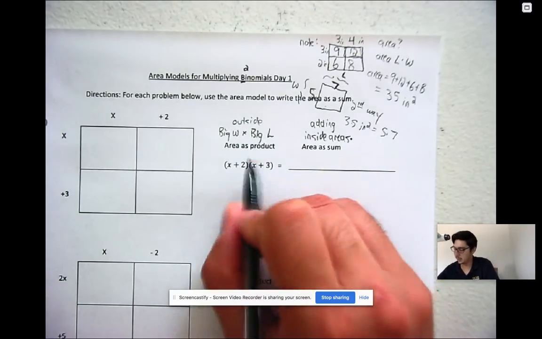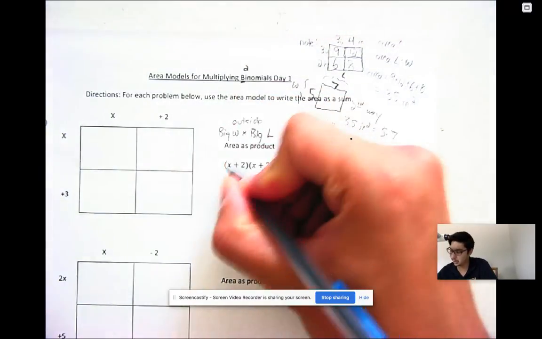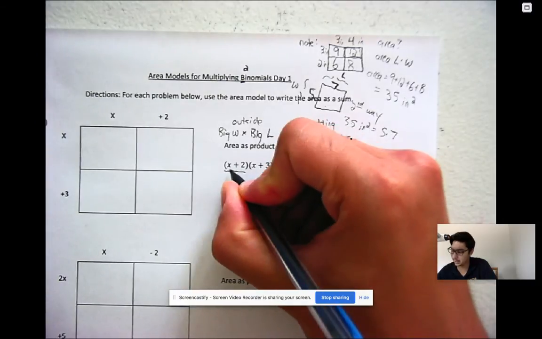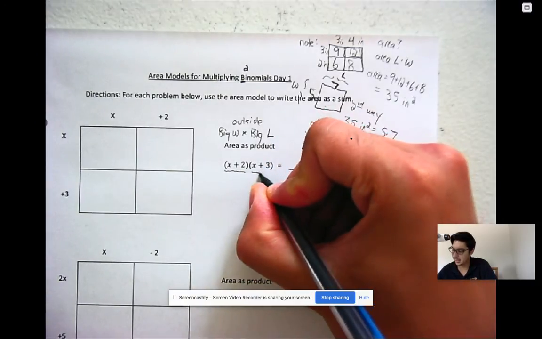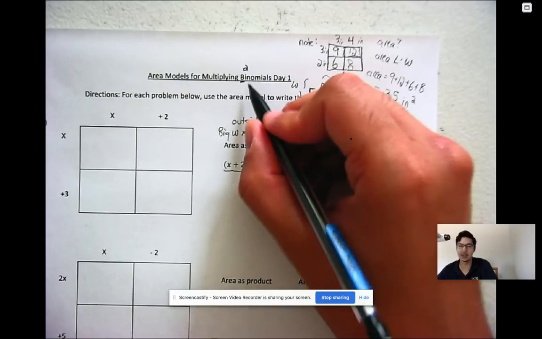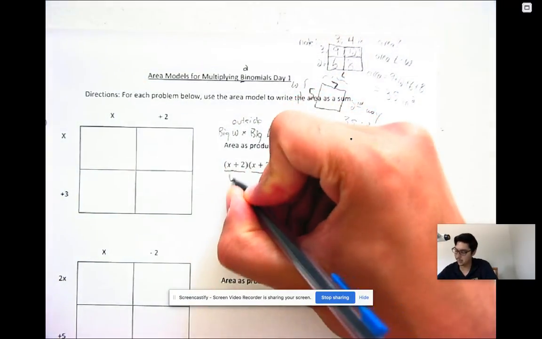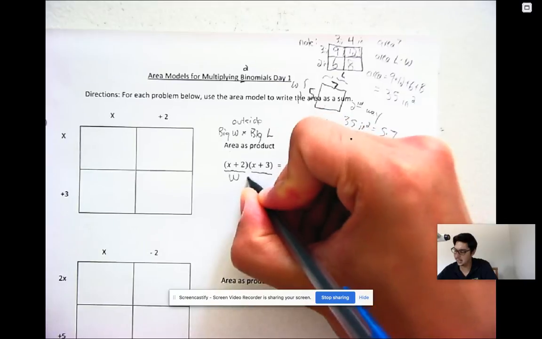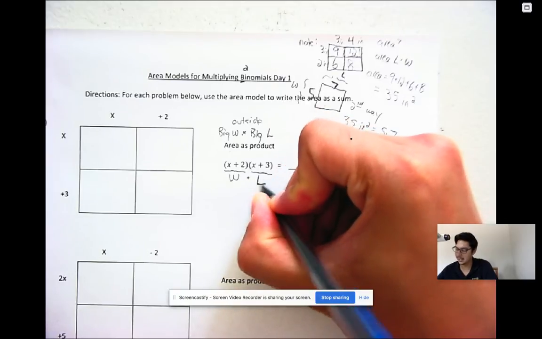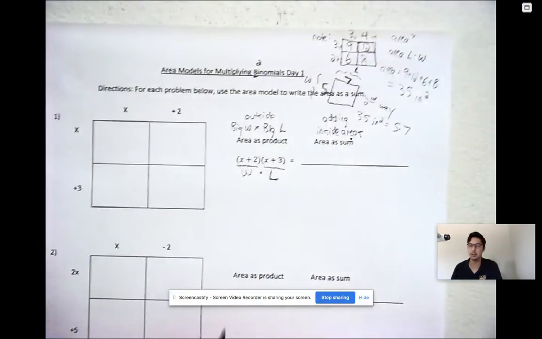So in this problem here, this is called a binomial because there's 2 things being multiplied. The first, x plus 2, times the second, x plus 3. There's 2 things, that's why it's called a binomial. Now what we can do is we can see this first thing as a width, and we can see the second thing as a length. And that's what's labeled over here in this rectangle.